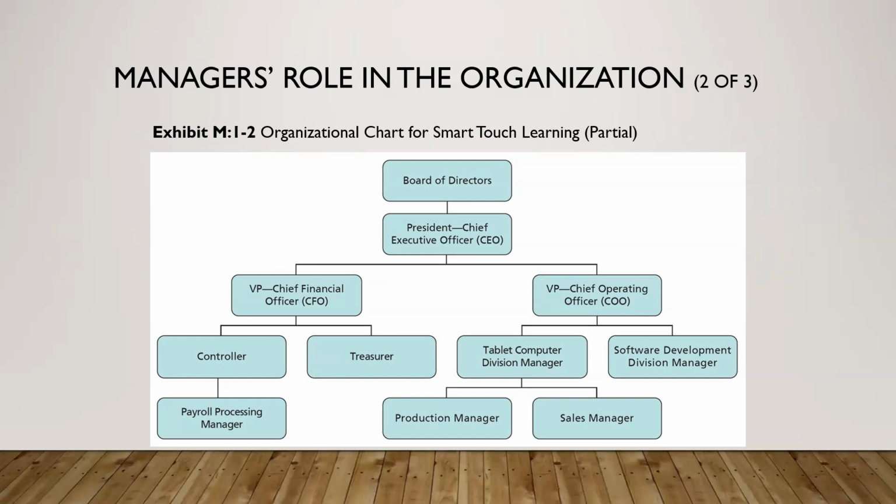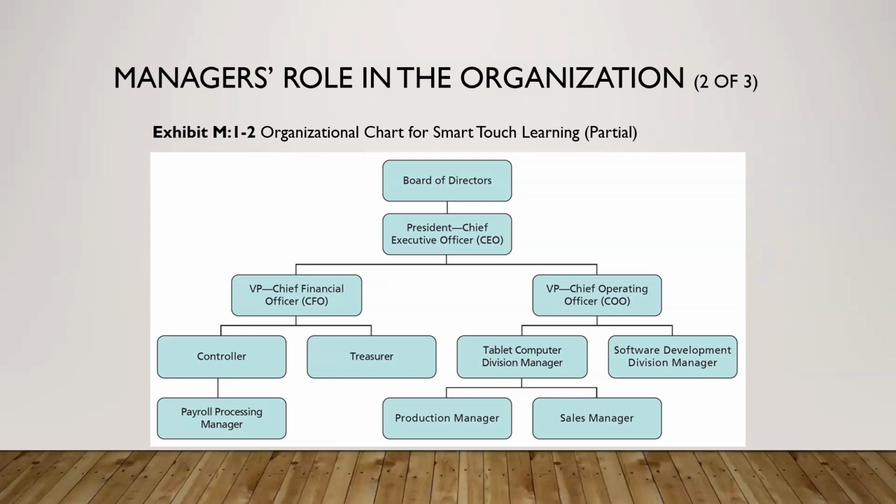Smart Touch Learning believes that the company can manufacture a tablet at a cost lower than the current purchase cost and still offer their customers the value they have come to expect.